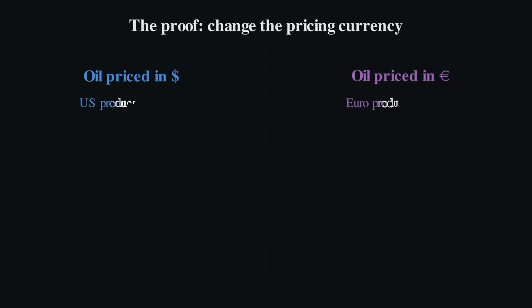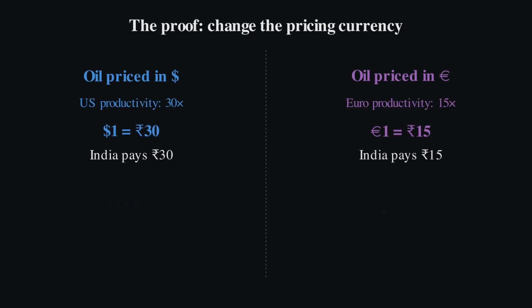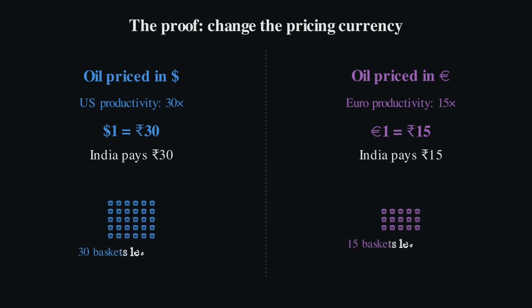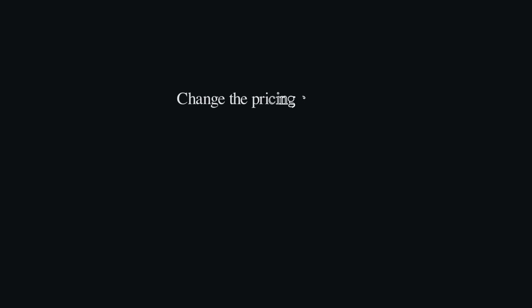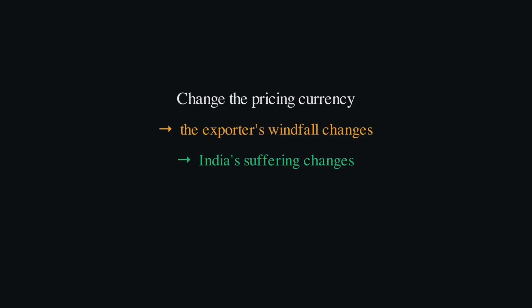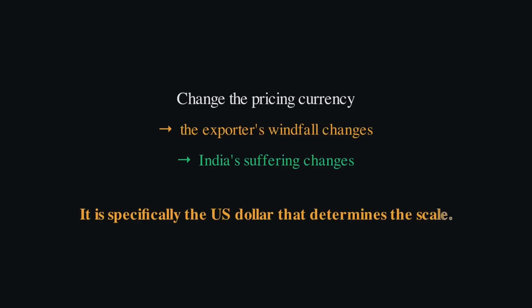To prove that the dollar is specifically the reason, let us run a comparison. Say the Eurozone's productivity also grew over this period, but only 15 times, not 30. So €1 now buys 15 baskets, and by PPP, €1 equals 15 rupees.